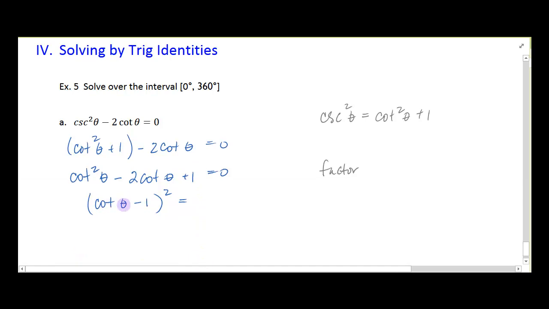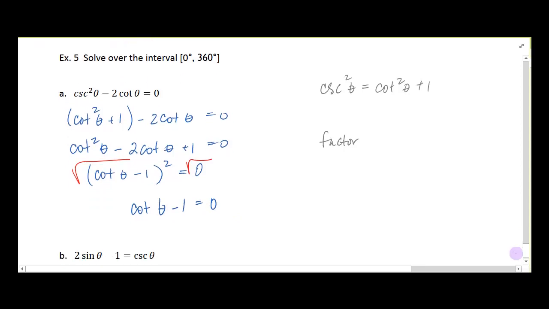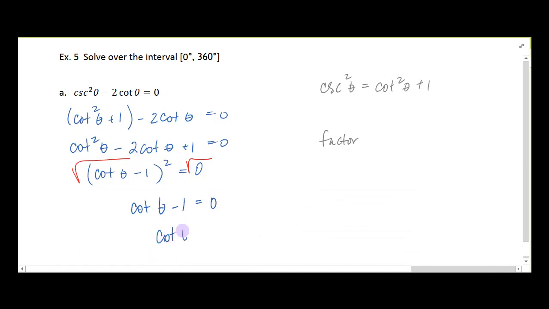So this is cotangent theta minus 1 quantity squared is equal to 0. To solve that, we would take the square root of both sides, and that gives me cotangent theta minus 1 is equal to 0. We're going to add 1 to the other side, and I see that cotangent theta is equal to 1.